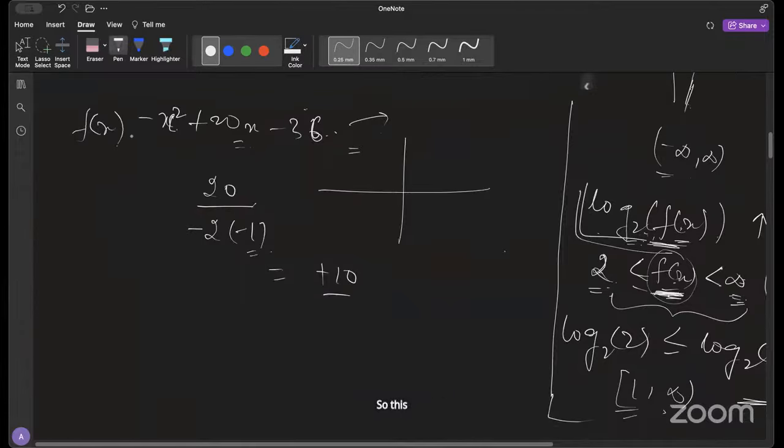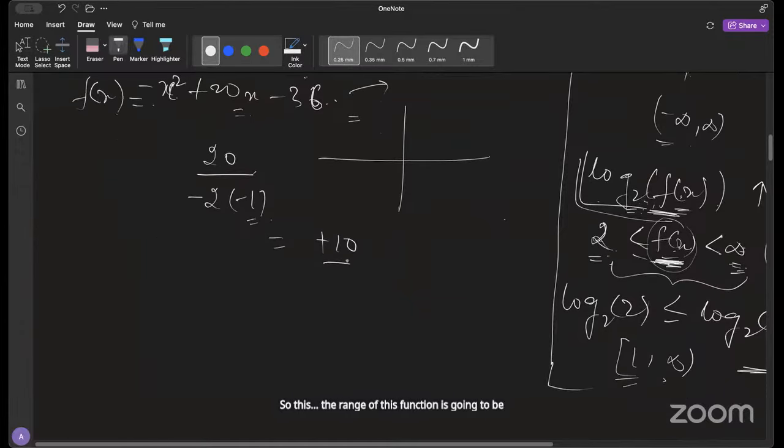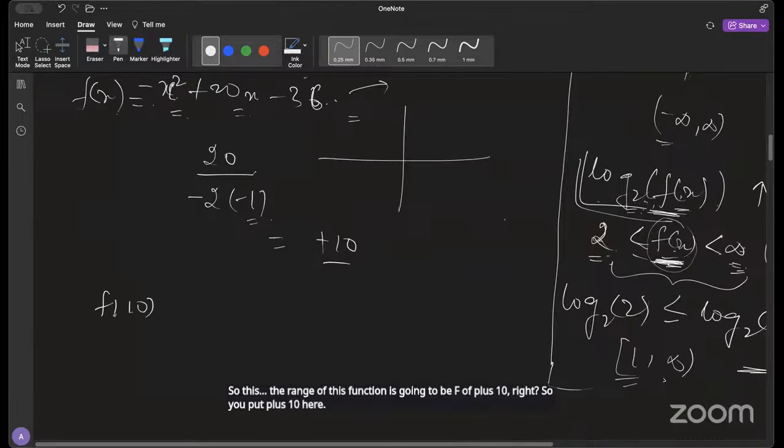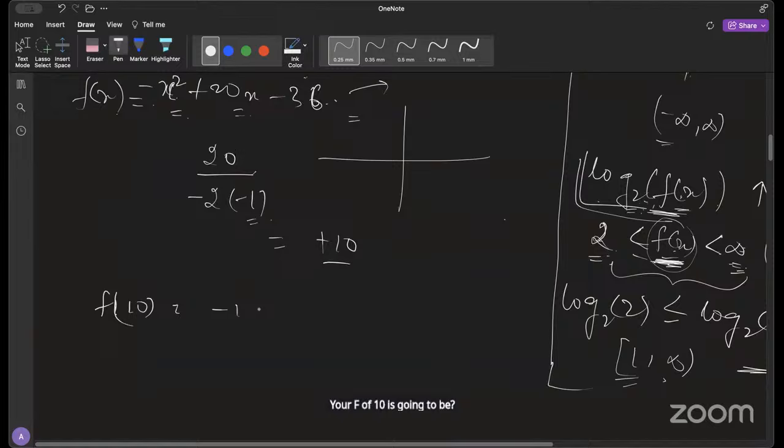So f of 10 is going to be minus 100 plus 200 minus 36, which is 64. So your f(10) is going to be 64.